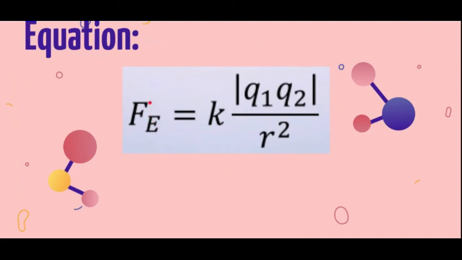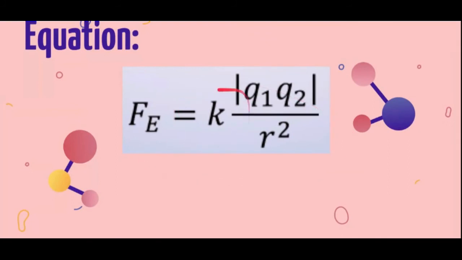The electrostatic force depends on the product of the two electric charges in the system, with respect to the distance that separates the two charges, and of course the constant. So this is how Coulomb's law is written.